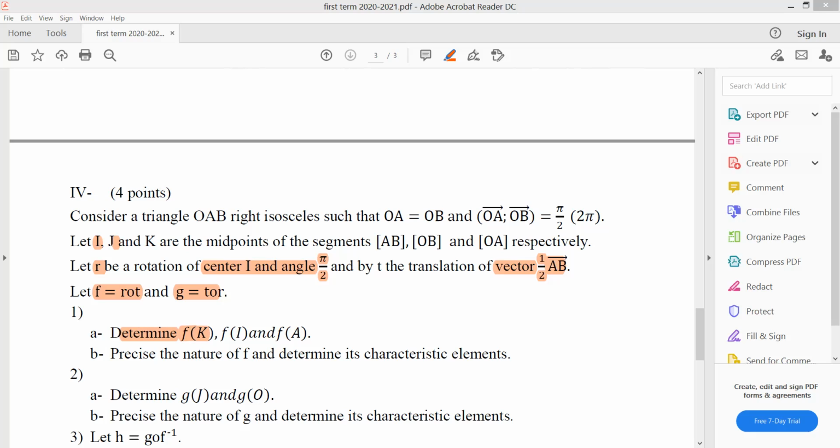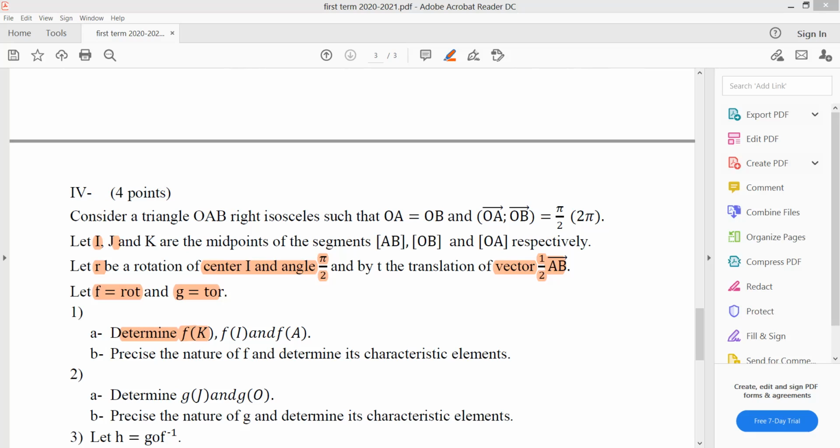Now I need to make a rotation of j with center I and angle pi over 2. I join I to j and rotate it by pi over 2 in the positive sense, like that.